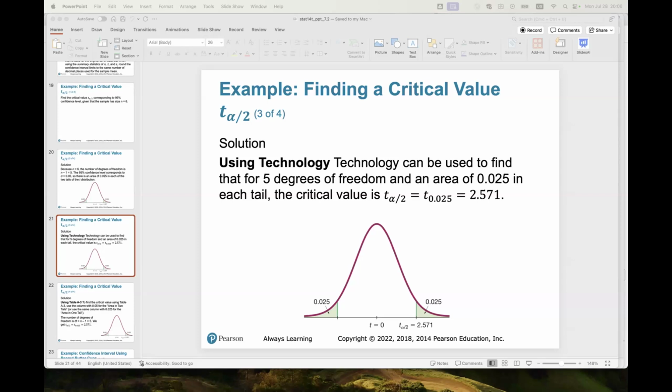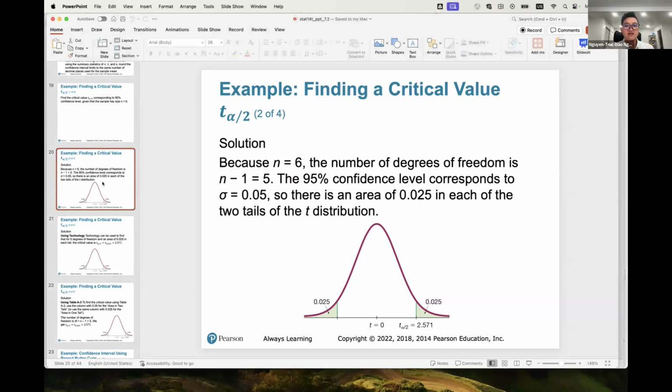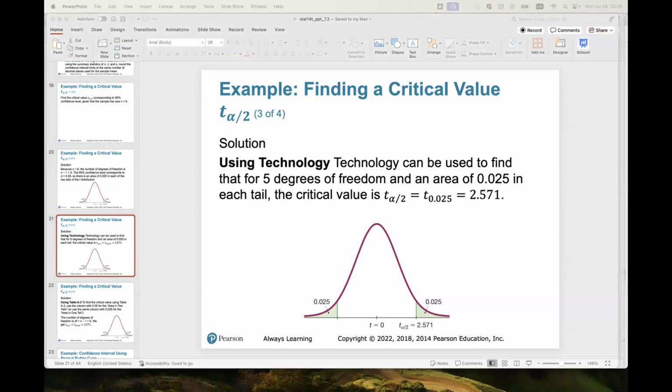So we're looking for degrees of freedom, 5 is the degree of freedom. I don't have this one on my table. My table doesn't have that information. I had to Google the t distribution table, Table A-3.